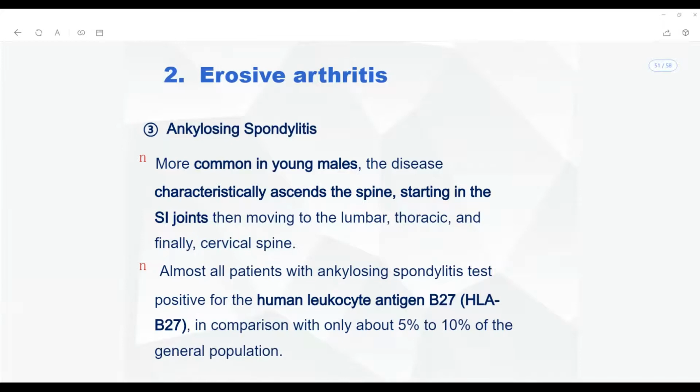At that point of time, I was telling you about a condition called dermatitis herpetiformis, HLA-DQ2 and DQ8.